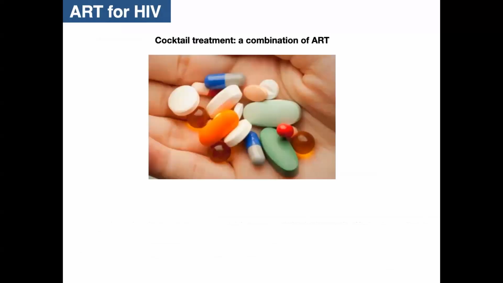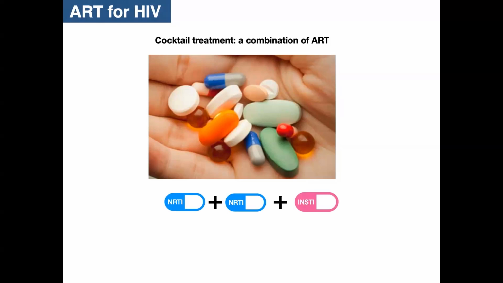Okay, so when we prescribe ART for HIV, people have already found out one single drug does not work well. And then people found out a cocktail approach, a combination of ART, works best. So essentially a combination ART means we choose different ART drugs from different drug classes so that the combination of them can target multiple steps of the infection process.